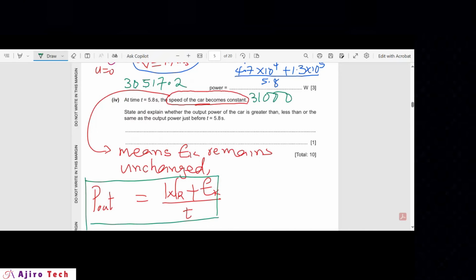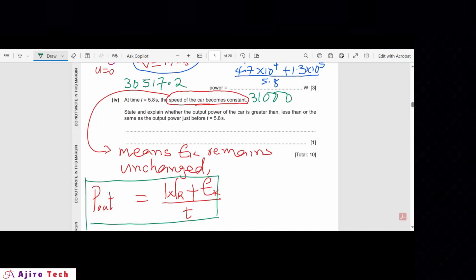As we move further, we are going to do more work against the resistance, but kinetic energy remains the same because of the speed. So our conclusion is that the power output is going to be less than the earlier obtained.